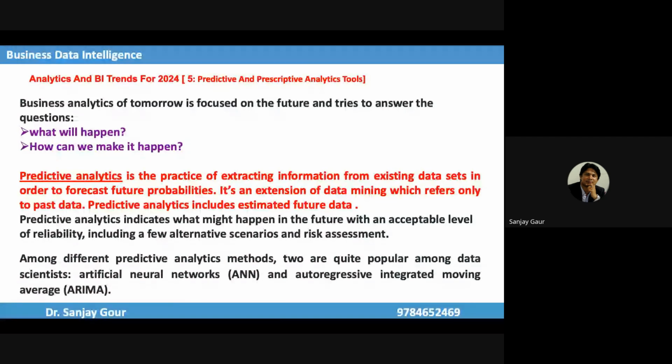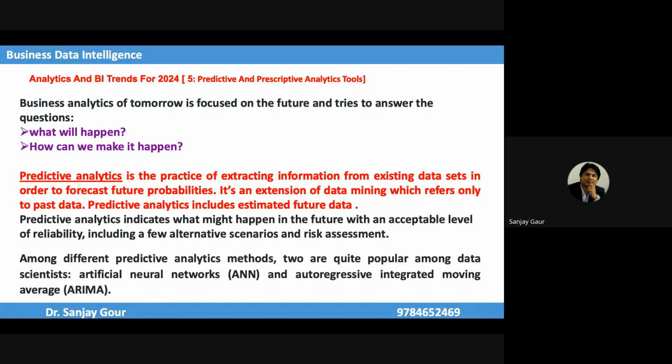Predictive analysis is the practice of extracting information from existing data sets in order to forecast future probability. These are things we know from earlier: we use data, train the machine, and find the result. Predictive analytics is an extension of data mining, which refers only to past data; predictive analytics includes estimating future data.